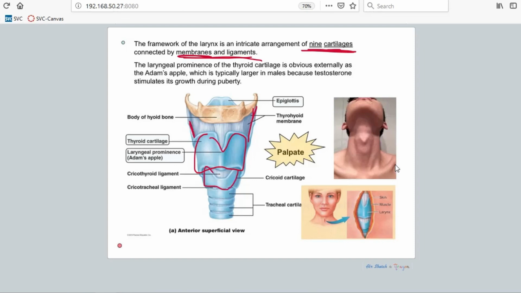One of the important cartilages that I'd like you guys to know, in this anterior view, are these big plates on the anterior surface of the larynx. These are the thyroid cartilages, also known as the Adam's apples. And you can palpate those there.